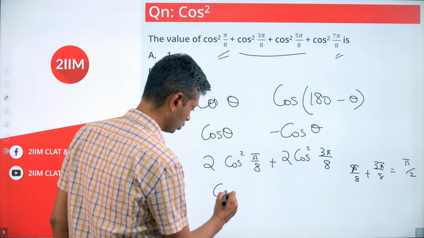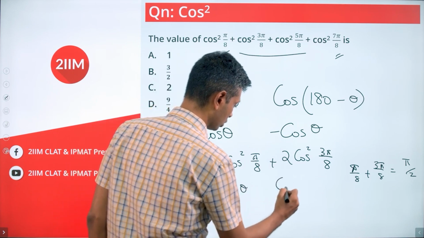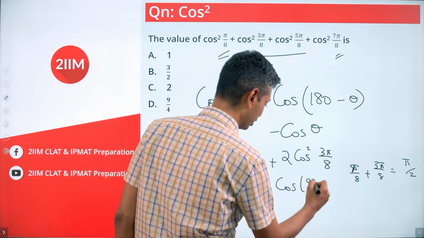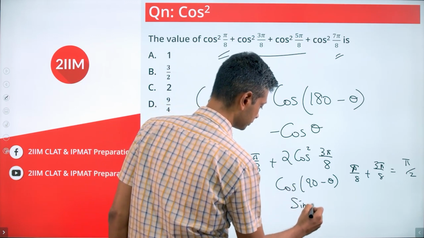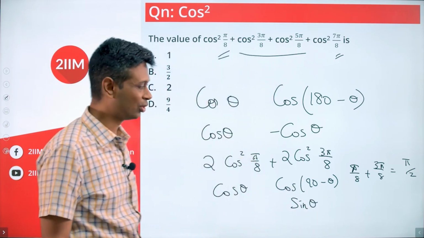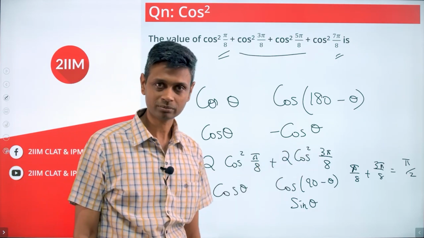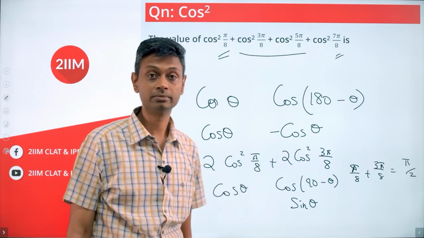Now we know, if you think about cos theta and cos of 90 minus theta, this is cos theta, this is sin theta. We are through. Cos 3 pi by 8 is sine of pi by 8.